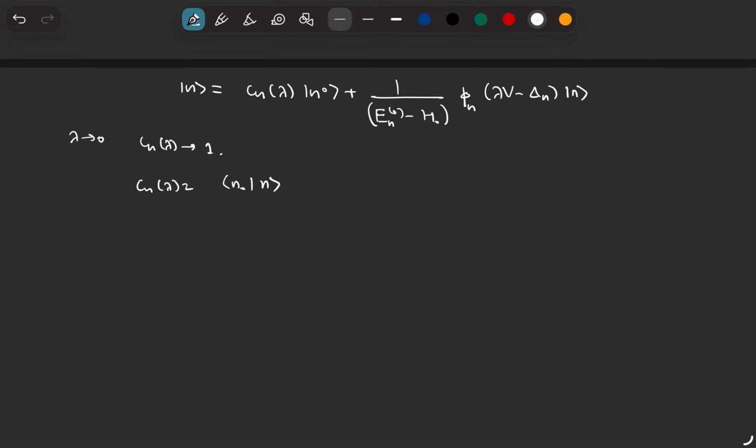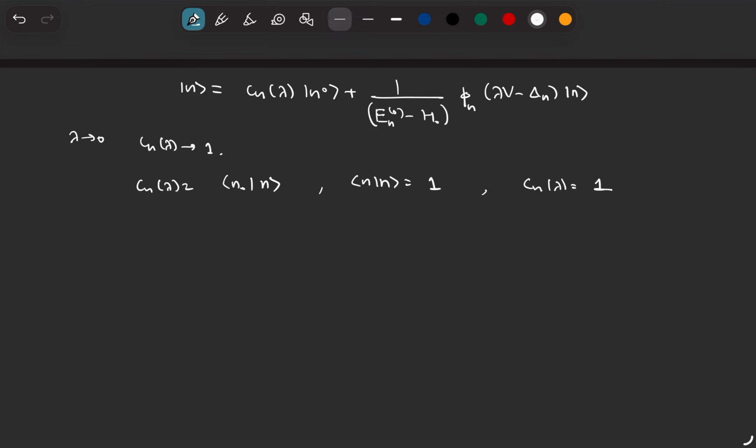So totally fine. Everything is okay. But for now, we will save us from the curse of normalization, or rather we will just keep it aside for a moment, and we will put Cn of Λ to be 1.